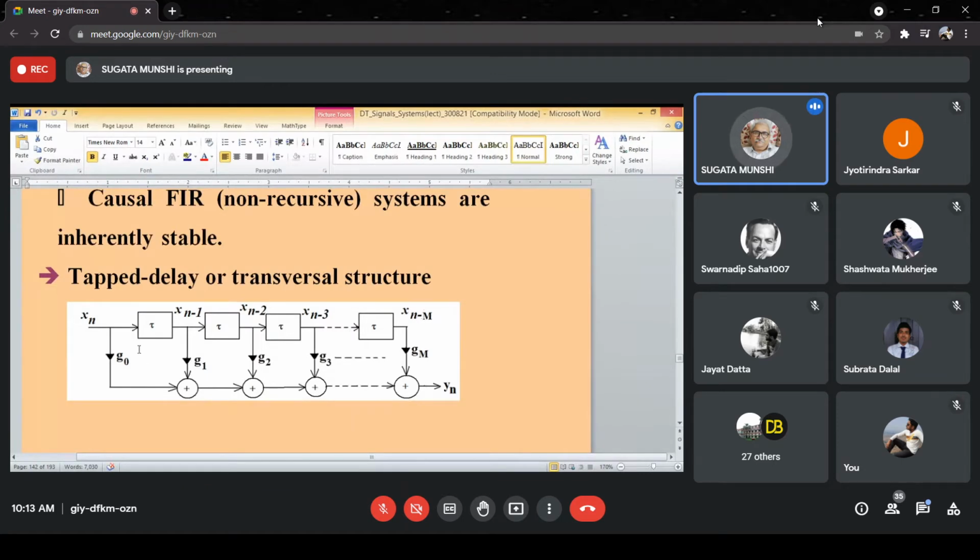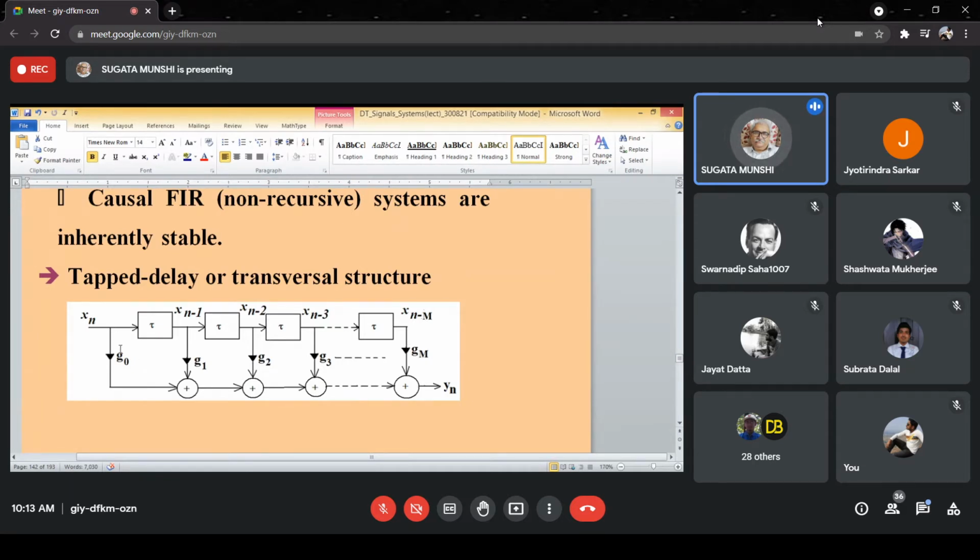So there is a chain of unit delay elements, as you can see here. And from the input and output of every delay in the chain, a tapping is there. These are the weights, or the sample values of the impulse response, g0, g1, g2, g3, up to gm.